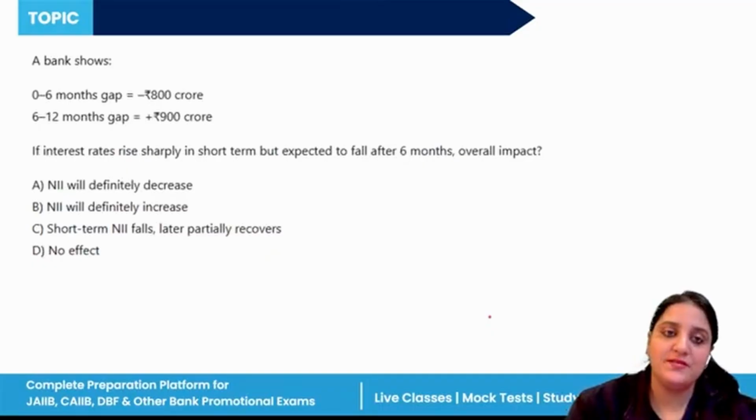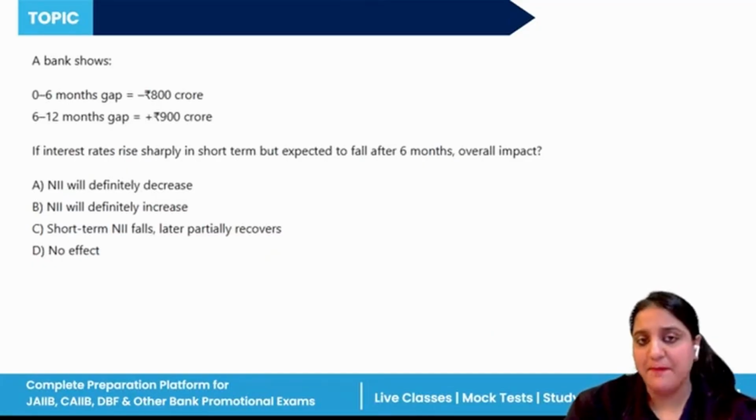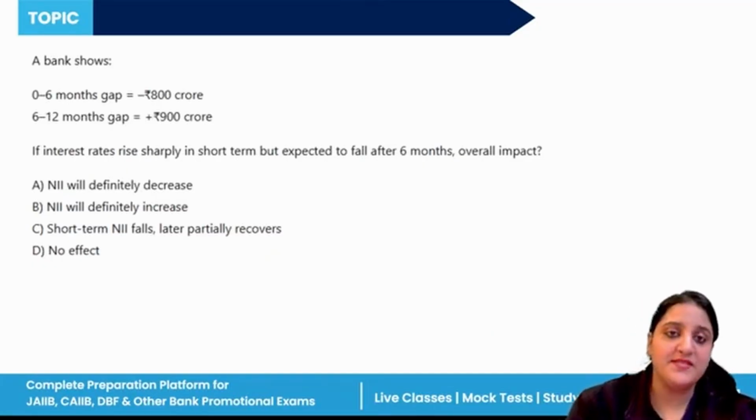If a bank shows a 0 to 6 months gap and a 6 to 12 months gap, and interest rates rise sharply in the short term but are expected to fall after 6 months, what is the overall impact in that case?